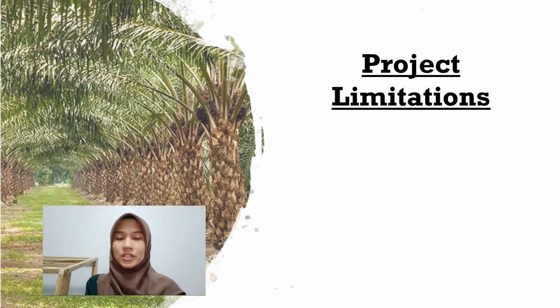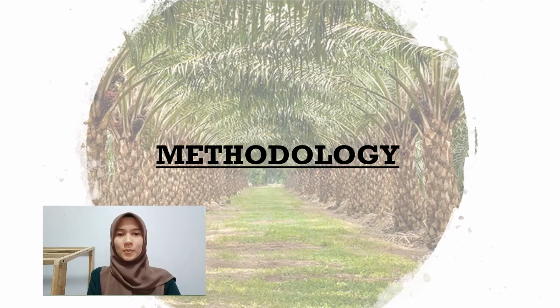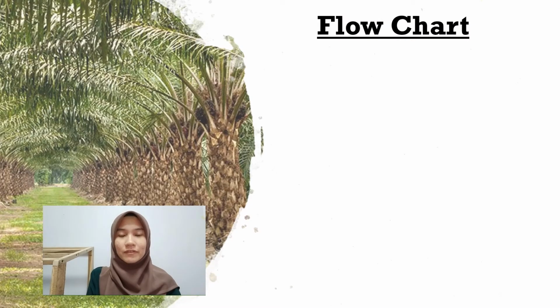Now, we can see the limitation of the project, that is, the capacity of loose fruits in the wire roller is limited to the speed, and the acceptance of new technology might be hard to gain from the plantation workers. While completing this design project, there are several methods used to identify and process the information. First is by using a flowchart.